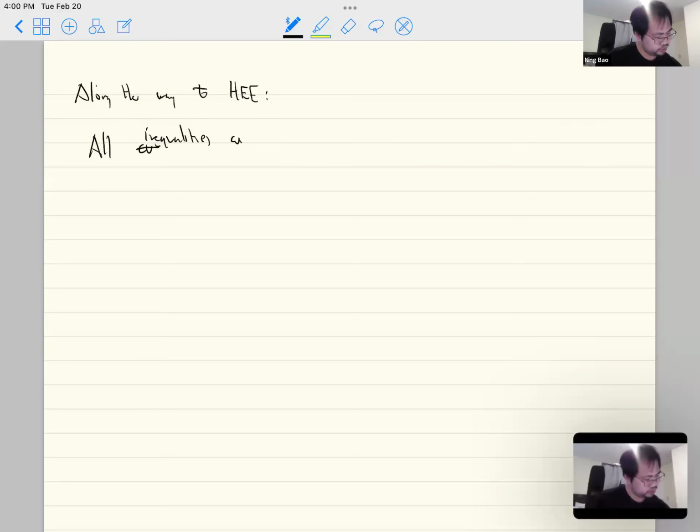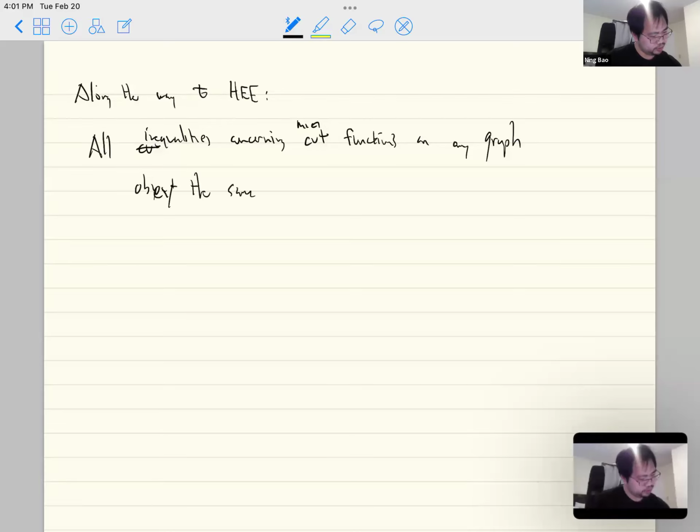So along the way, holographic entanglement entropy, we also found the following thing. All inequalities concerning cut functions, min-cut functions on any graph obey the same inequalities as the holographic entanglement entropy.